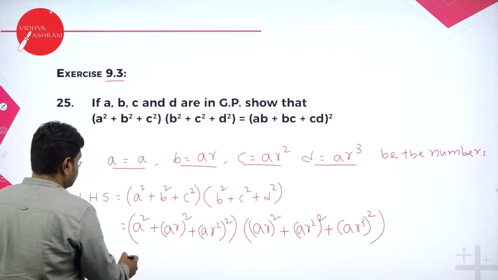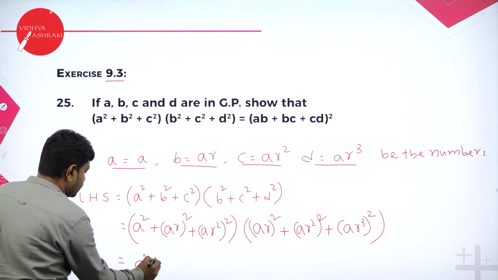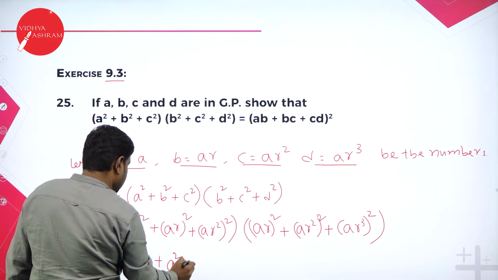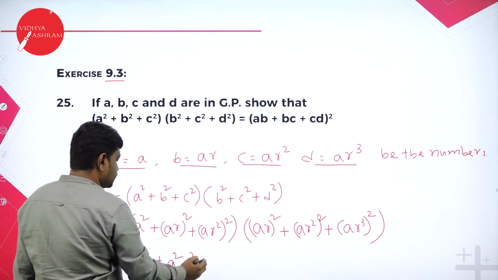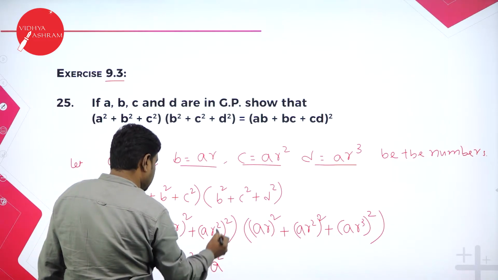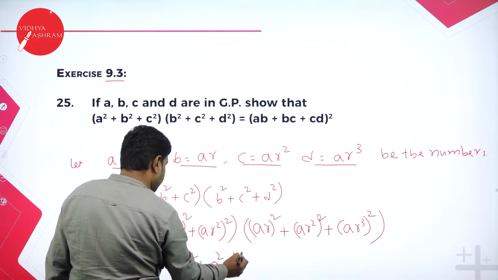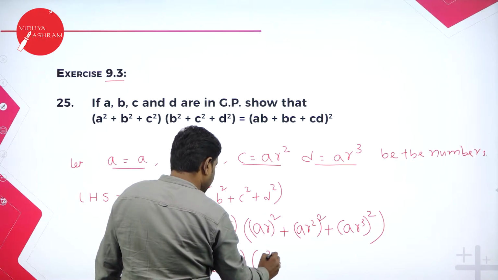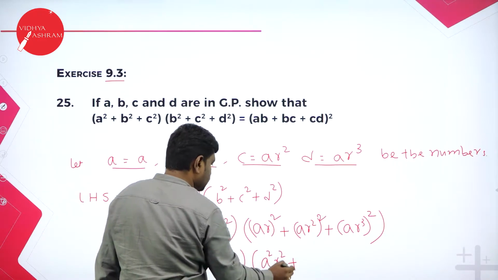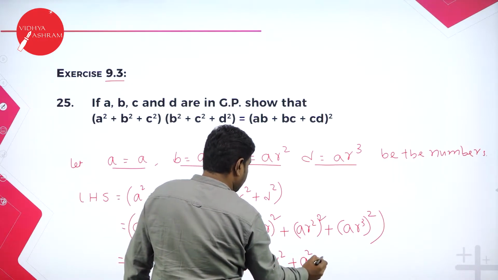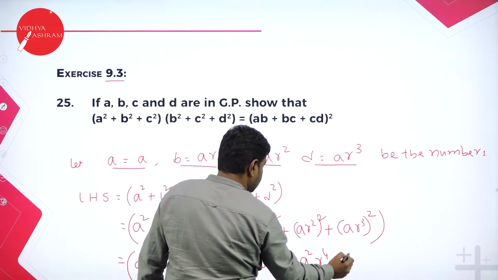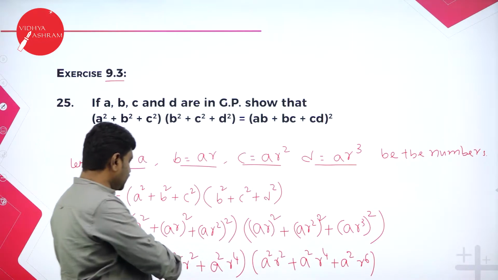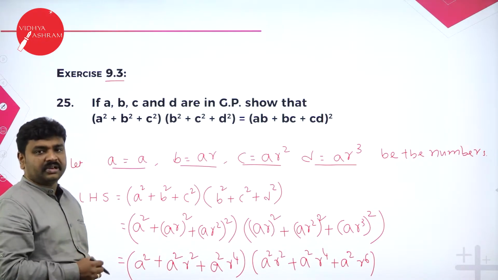So now simplify this. So you get A square plus A square R square plus A square R power 4 whole into, take it inside, so it will become A square R square plus A square R power 4 plus A square R power 6. So now in each term you can take A square common.